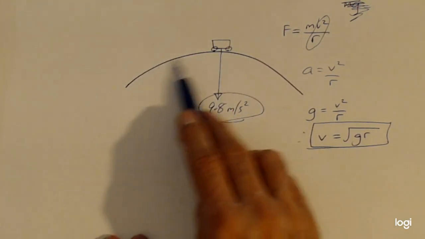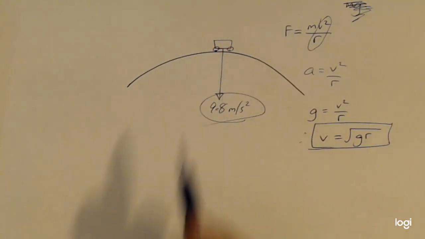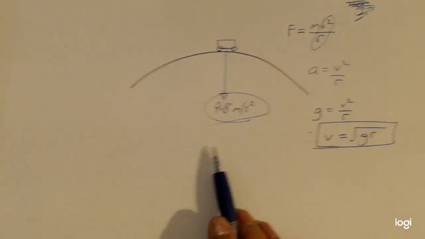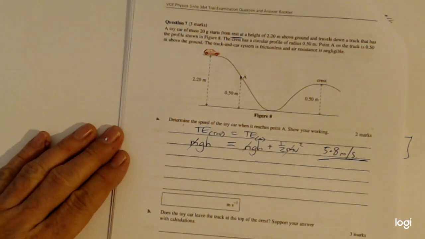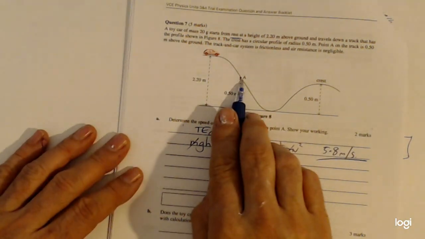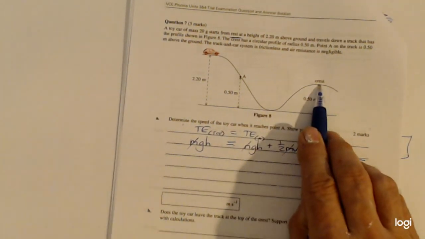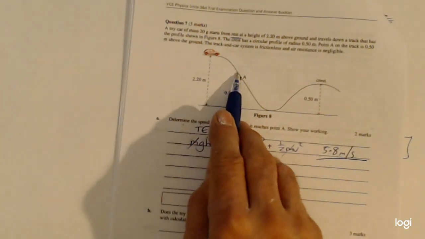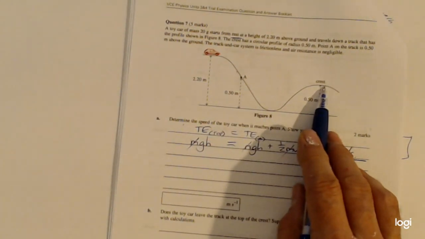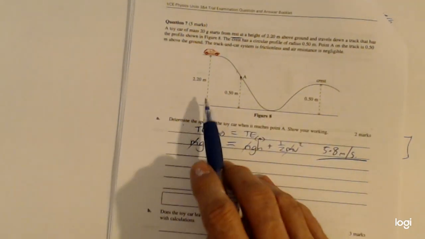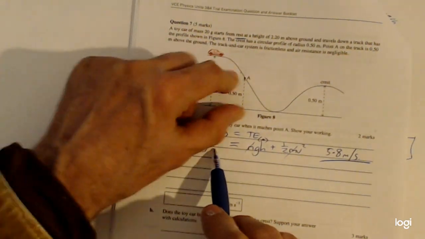Any faster and you're going to leave, you're going to take off. Any slower, it'll be fine. However, we know from this diagram that because that's half a meter high and that's half a meter high, the velocity at that point and that point are going to be the same. It's going to have the same kinetic energy at the same heights, and the total energy up there is divvied up the same way.